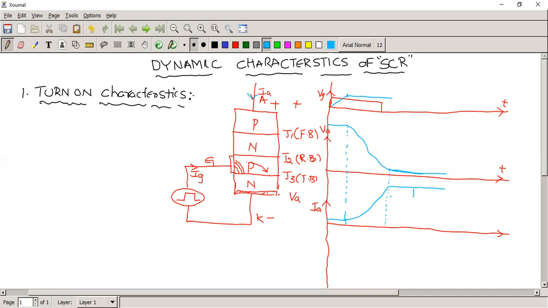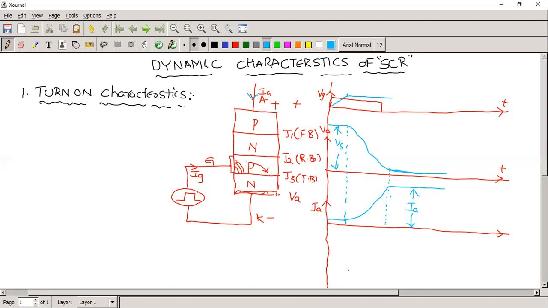This is VS, nothing but a source voltage. IA is a steady state value. Once the device is on, how much current is passing through the anode? That is nothing but the steady state value.